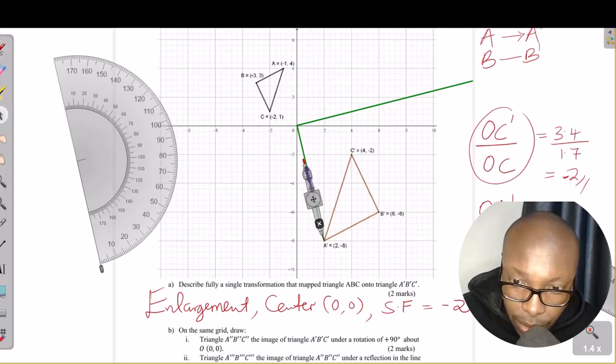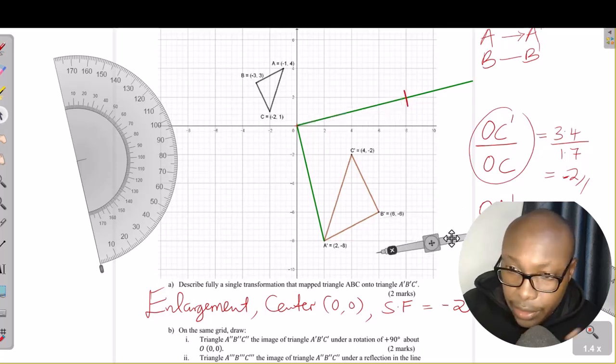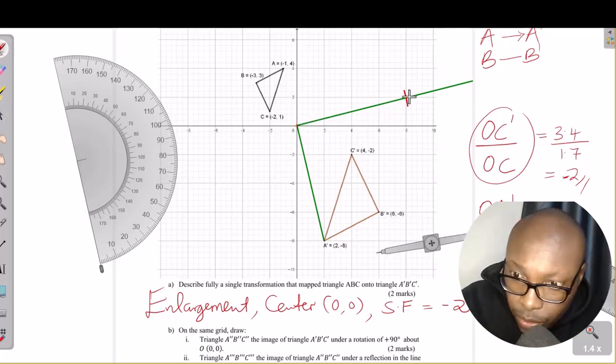Take that measurement from A to O, and then transfer that to the line you've drawn there. That is where you mark an arc, a small one, and this will be A double prime.